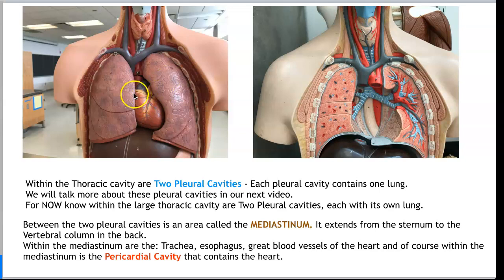In between the pleural cavities, we have this region called the mediastinum. Media, in the middle. Within the mediastinum, we have structures like the trachea, the air tube, the esophagus, and the great blood vessels that take blood to and away from the heart. And we have the pericardial cavity that will be sitting in here, and it will surround the heart. Hopefully that makes sense.